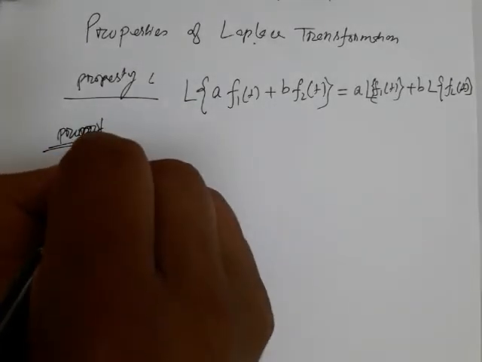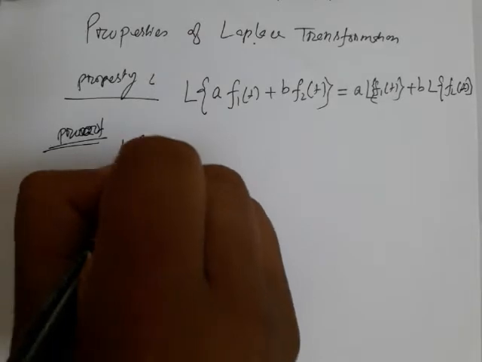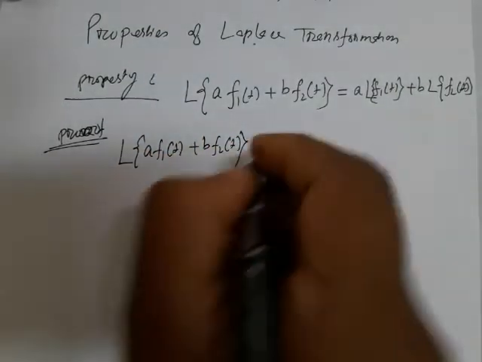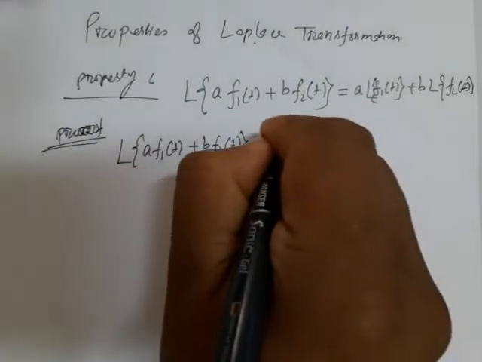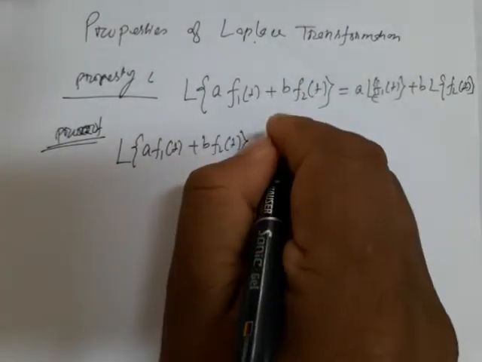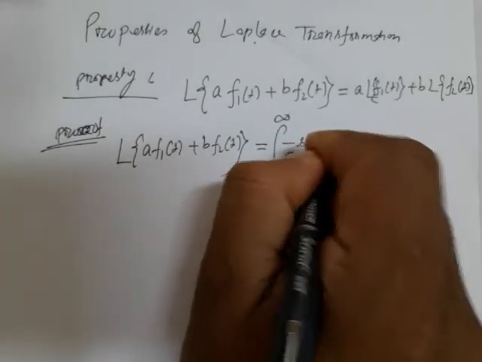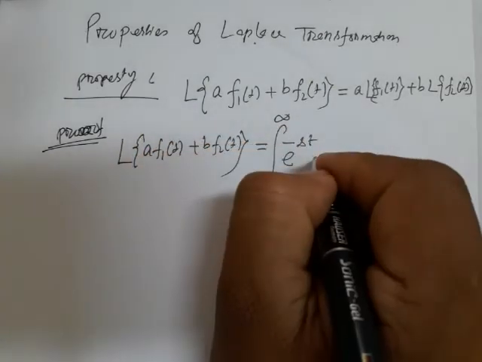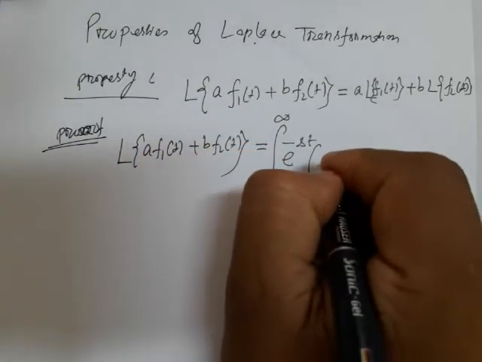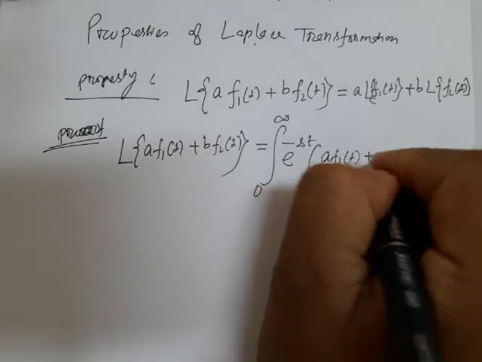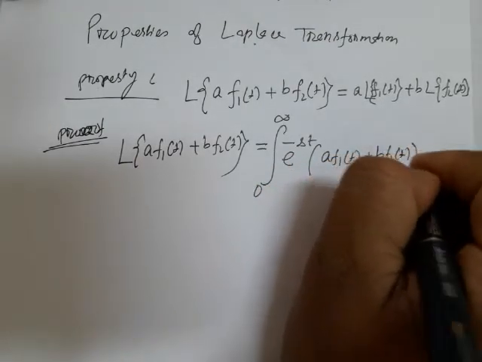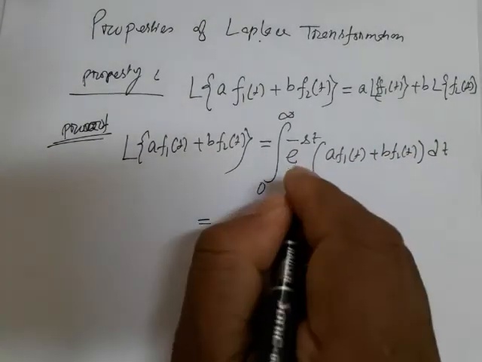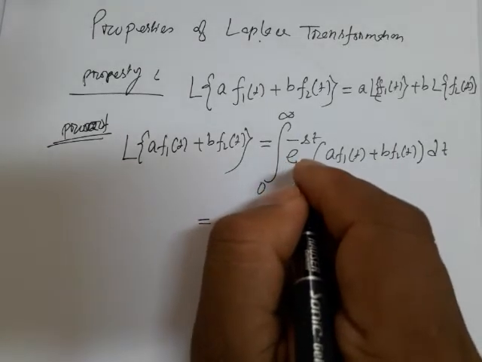L of a f1(t) plus b f2(t) equals the integral from 0 to infinity of e power minus st times whatever is inside the bracket, that is a f1(t) plus b f2(t) dt.